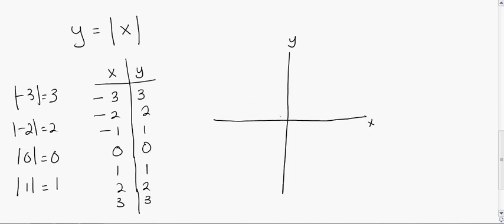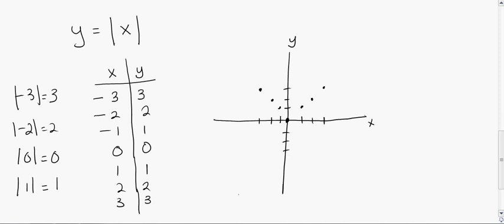All right, let's go ahead and graph these. 1, 2, 3 in each direction. -3, +3. So over 1, 2, 3, up 1, 2, 3. There's my first point. -2, +2, -1, +1, 0, 0, +1, up 1, +2, up 2, and +3, up 3.